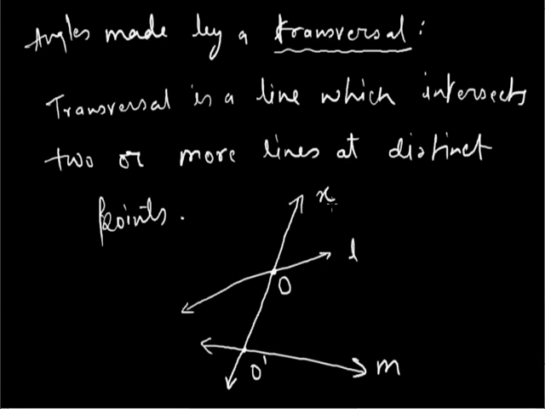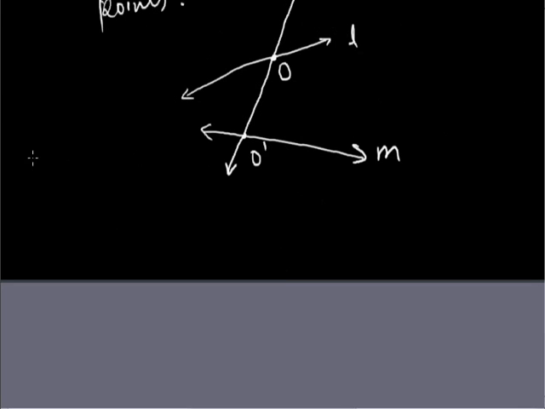Then line X is a transversal for lines L and M. This is the case when we have two lines, but for a line to be a transversal, it is not necessary that it must intersect only two lines. It must intersect two or more lines. So for a line to be a transversal, it must intersect at least two distinct lines at two distinct points.